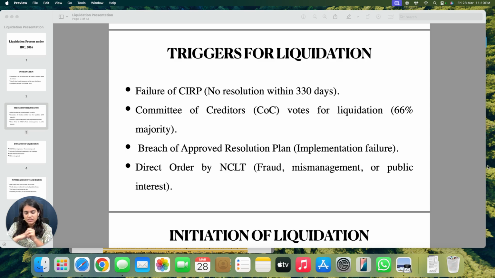But in the recent past, the IBBI has given out a notification, a circular, which is a suggestion, actually not a mandate. It suggests that the liquidator and the resolution professional need to be different insolvency professionals.